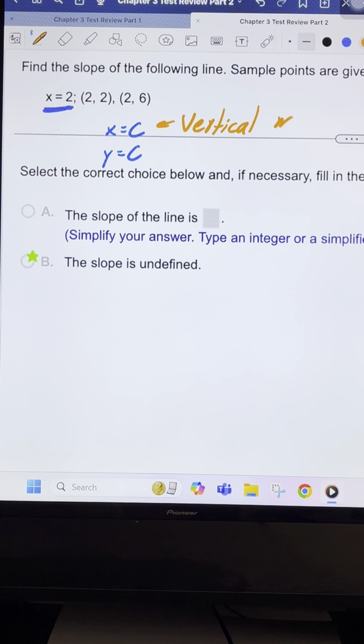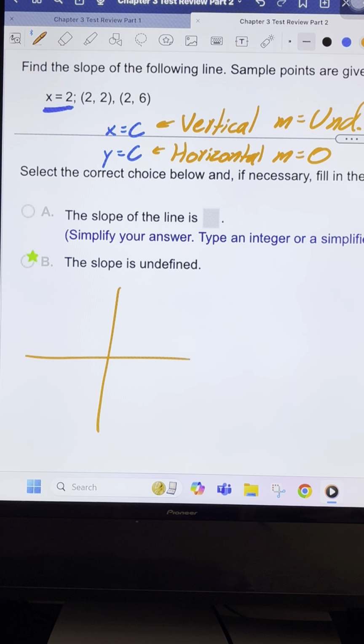Lines that have this format are vertical or horizontal lines. What is the slope of vertical lines? The slope of vertical lines is undefined. If it's y equals something, this is a horizontal line, and horizontal lines have a slope of 0. They are not the same thing.